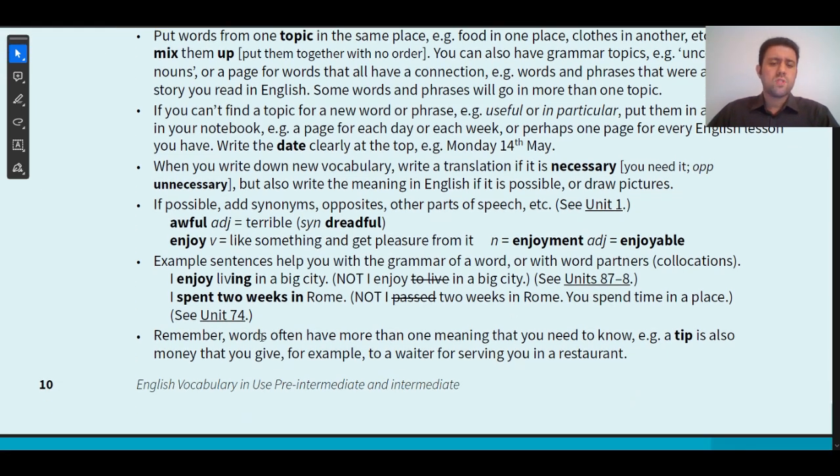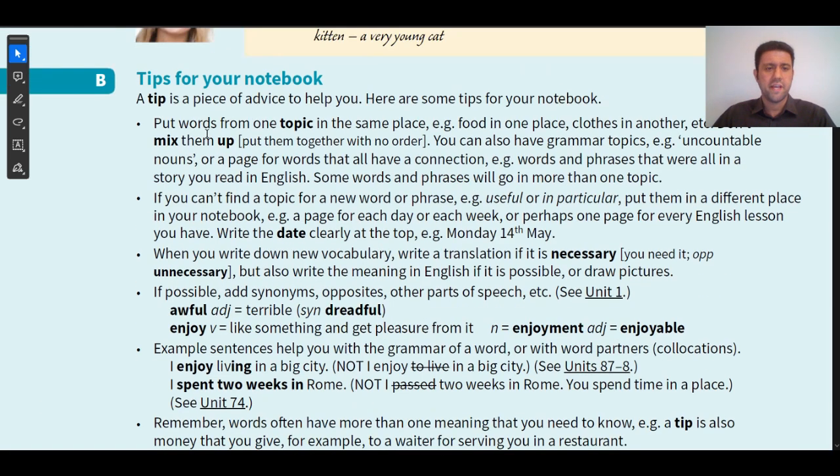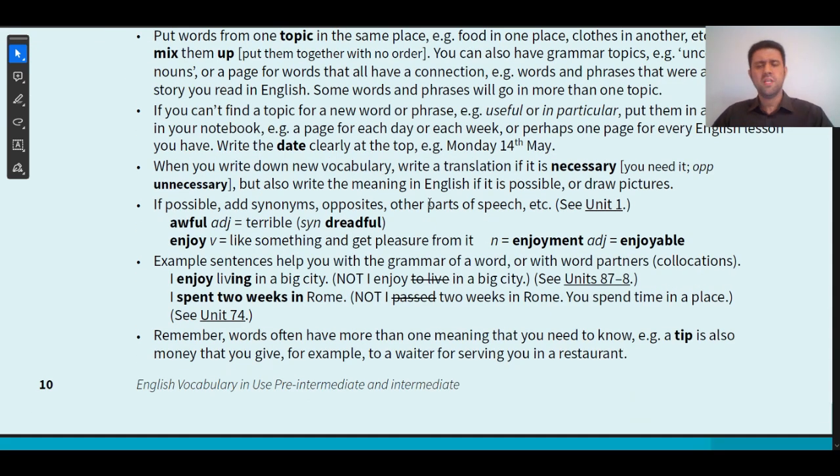Remember, words often have more than one meaning that you need to know. As an example, tip is also money that you give, for example, to a waiter for serving you in a restaurant. Another meaning of tip is a piece of advice to help you. So tip has two different meanings.